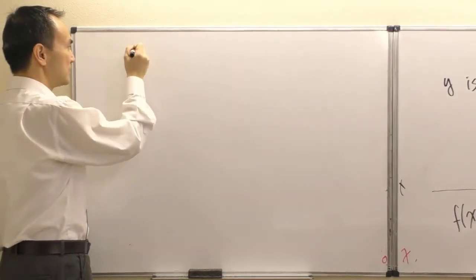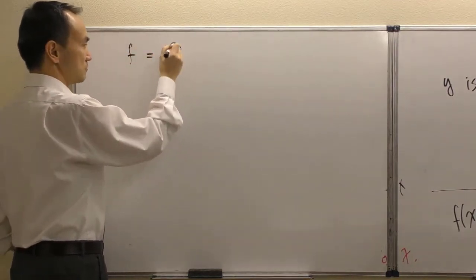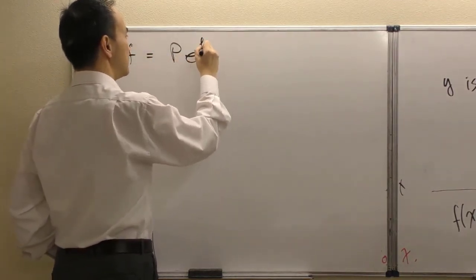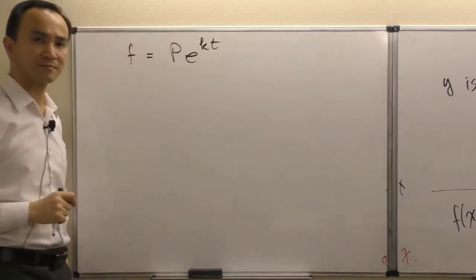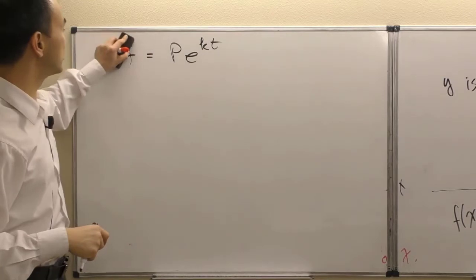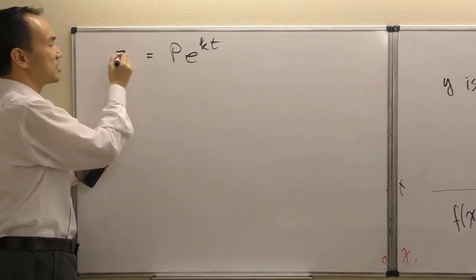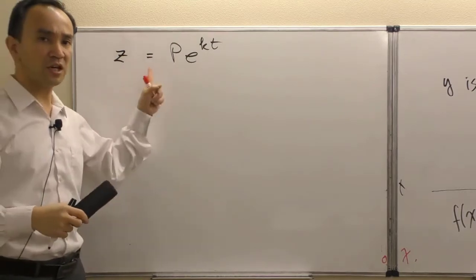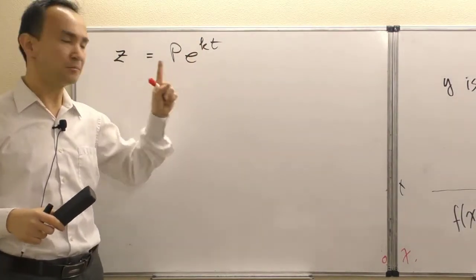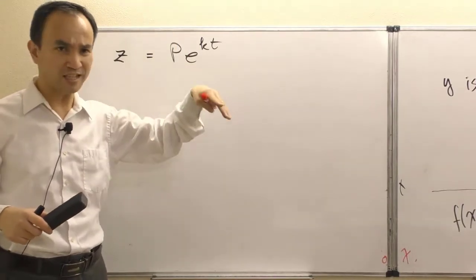How about f equals some p times e to the kt. I purposely made the function a little more complicated. Or indeed, let's forget about f. I'll go with z. z equals p times e to the kt, and p is a capital letter or lowercase letter, your choice on that.